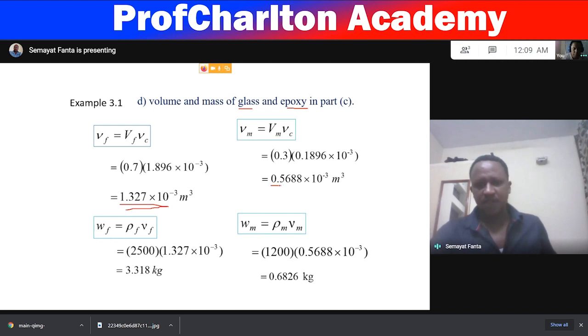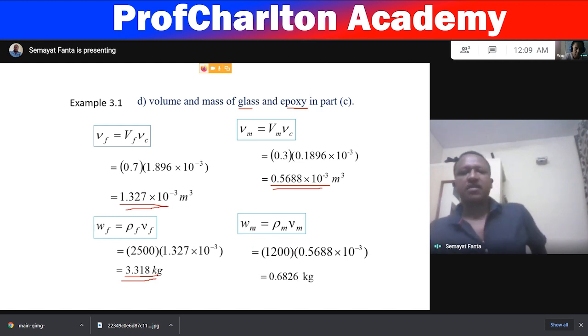So we get the volume of matrix. The weight of fiber is the density of fiber times the volume of fiber, which gives us this value, and the weight of matrix is equal to the density of matrix times the volume of matrix. So we can get this.